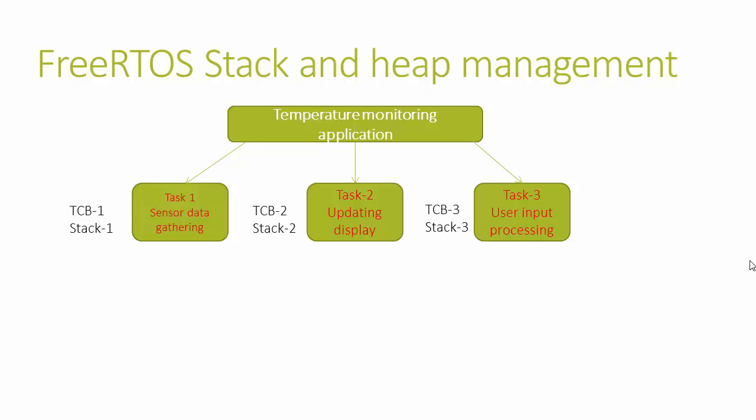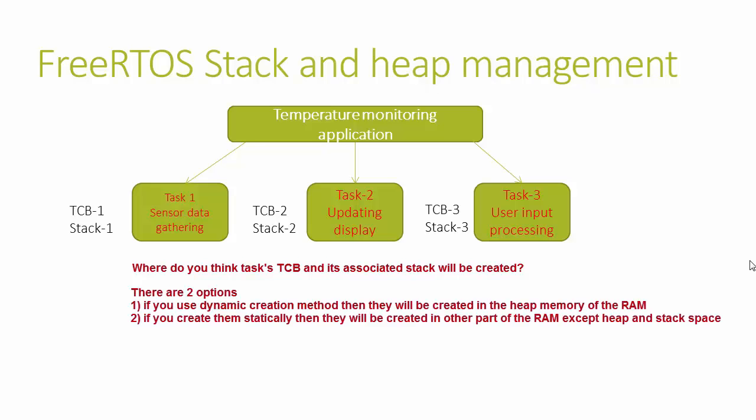You may be wondering, when you create a task, where the task control block gets created. If you create them dynamically, then they are created in heap memory. Otherwise, you can allocate memory for them statically, so then they will be created in other RAM regions where your global variables and arrays are stored.